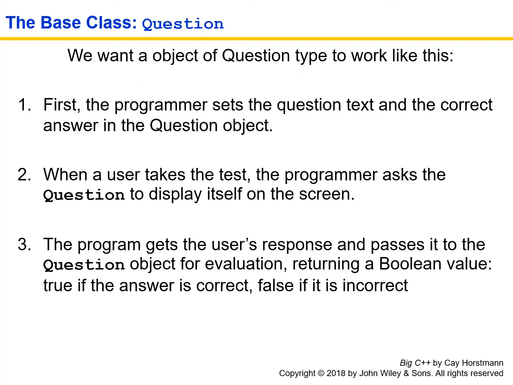And then the question would return a Boolean value, true if the answer is correct, false if it is incorrect. Now, every question, whether it's a multi-choice question or a numeric question or a fill-in-the-blank question, should have all three of these behaviors, so they would be coded into the top level question base class or super class.